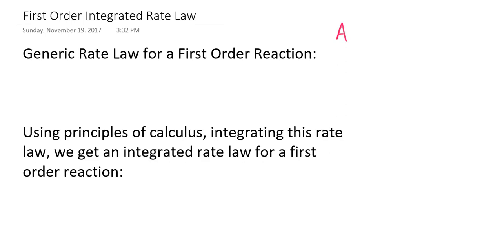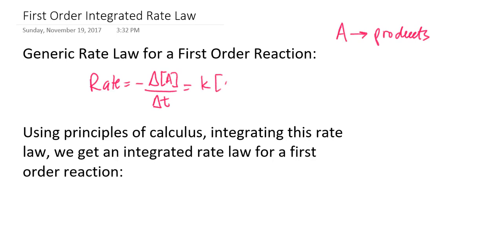So for a generic reaction such as this, where I have some reactant A going to some set of products, remember that we said that we can write a rate law that can be considered representative of the change of reactant concentration A with time, and that rate law has the form of some rate constant K multiplied by the reactant concentration, again provided that I have first order kinetics.